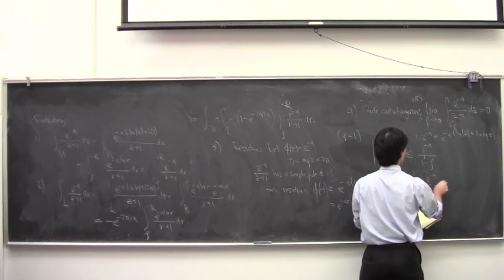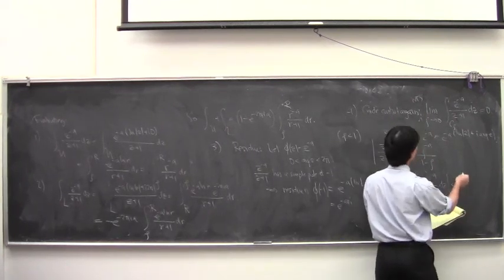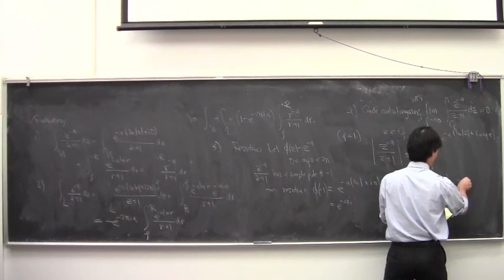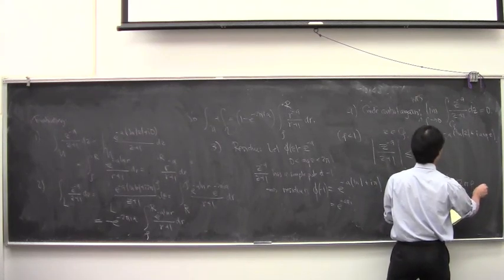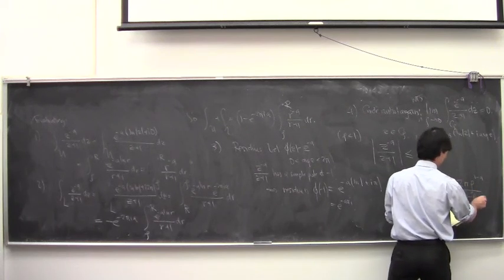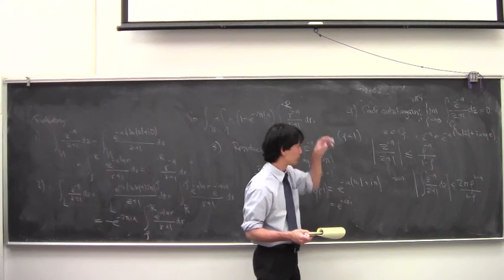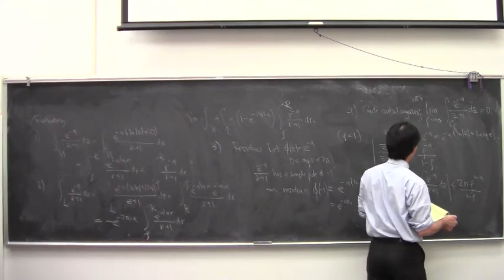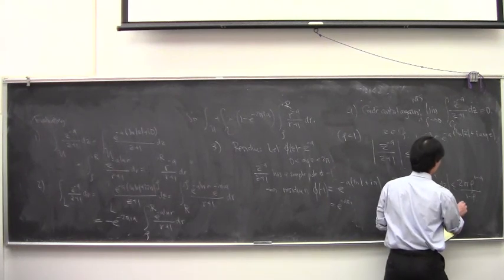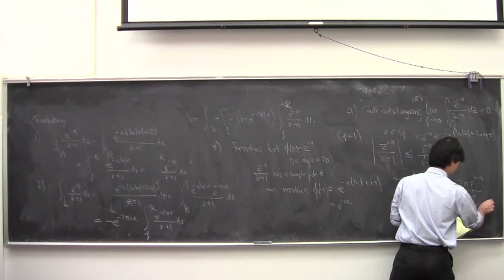is controlled by just 2 pi rho to the 1 minus a over 1 minus a, which vanishes as rho goes to 0.